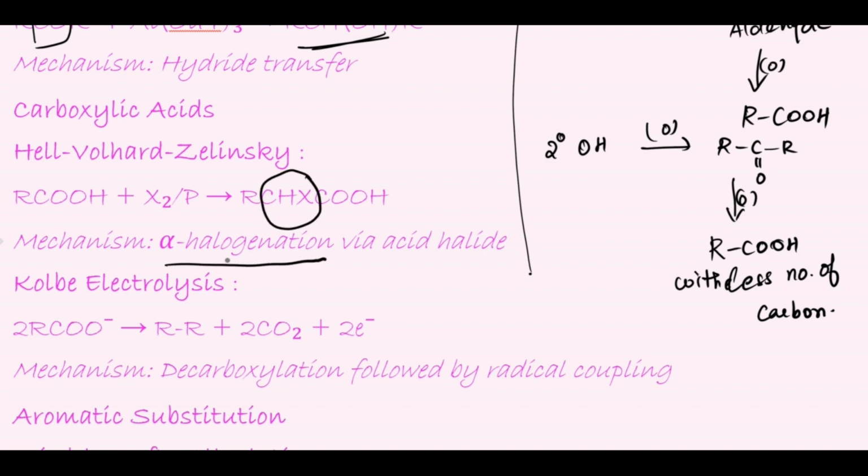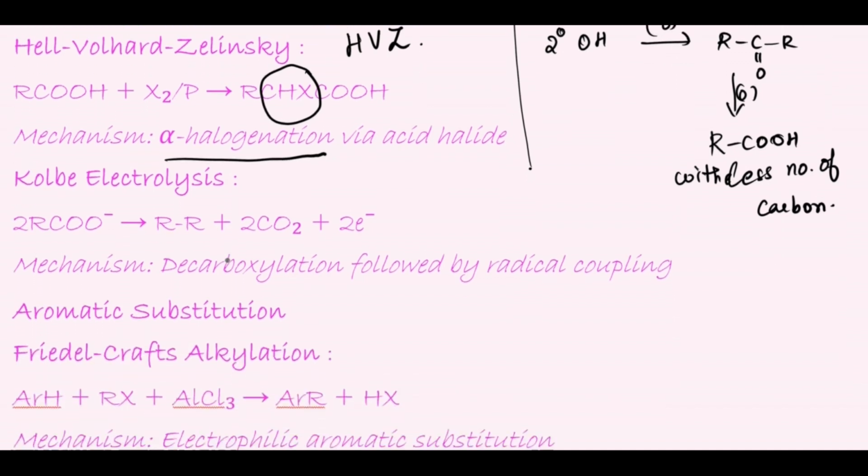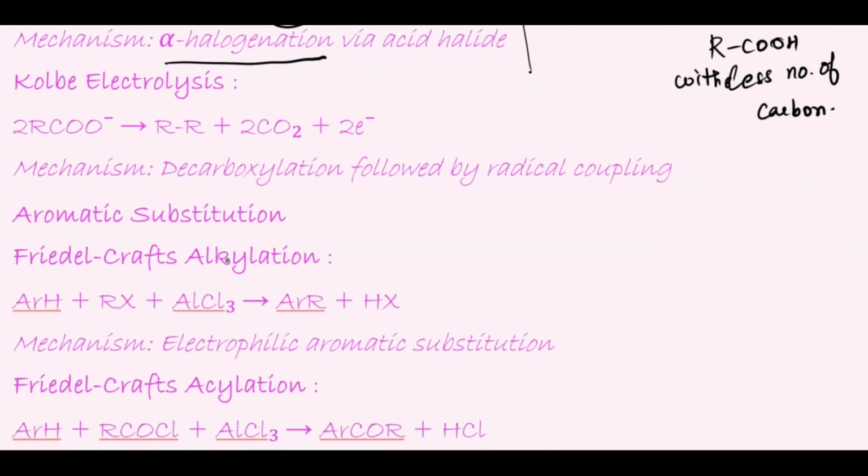Alpha halogenation is taking place in case of HVZ reaction. Kolbe's electrolysis, which comes in hydrocarbon chapter, you can see that decarboxylation happens, CO2 will get eliminated, and then coupling. Coupling means what? Join together. So alkanes will be forming.